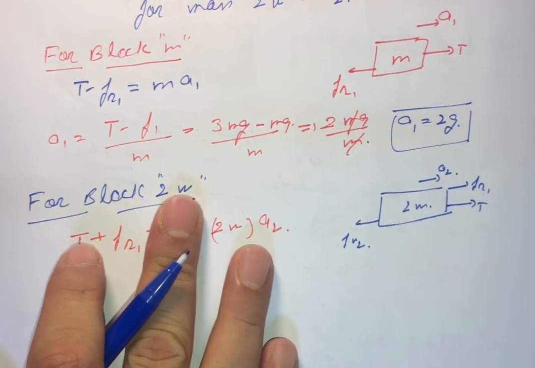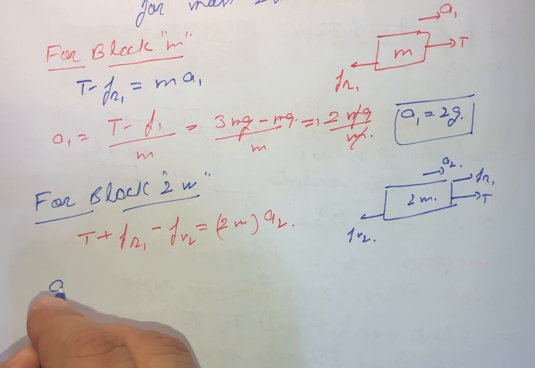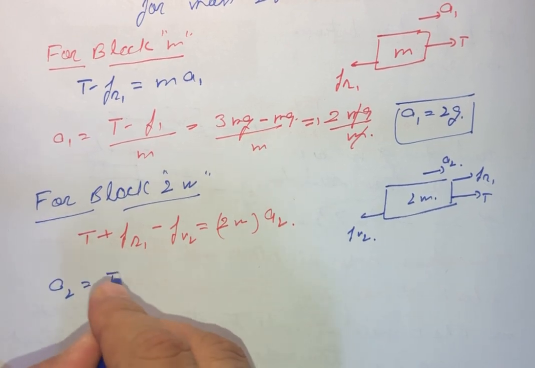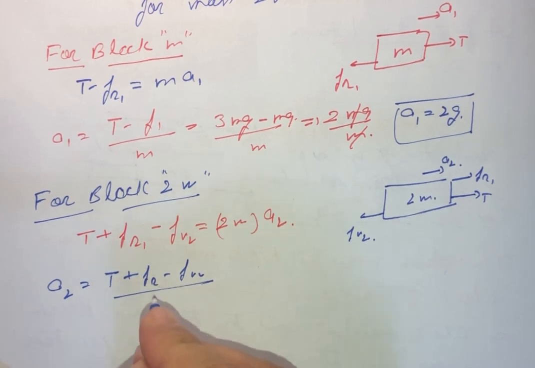From here we can say that our A2 will be equal to T plus FR1 minus FR2 divided by 2m.